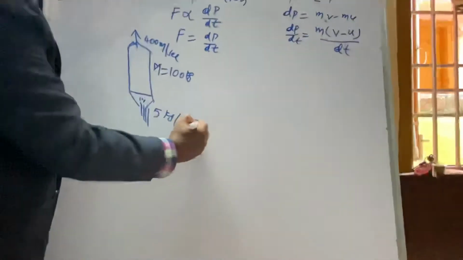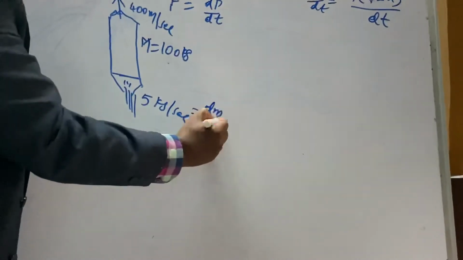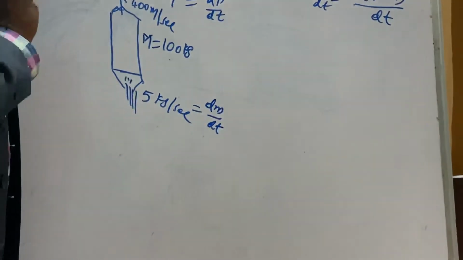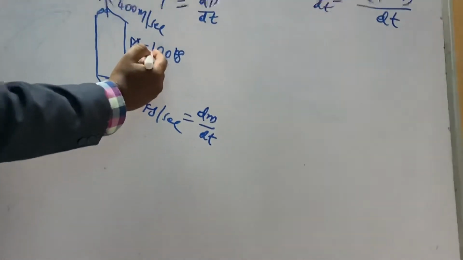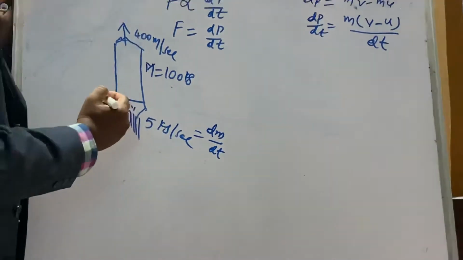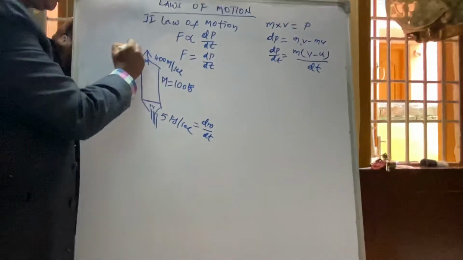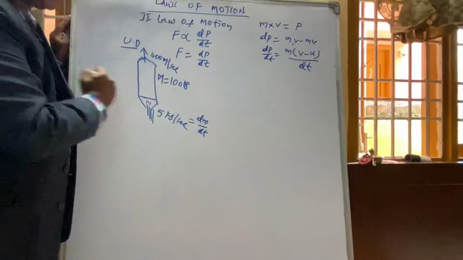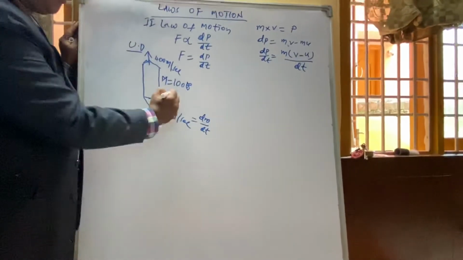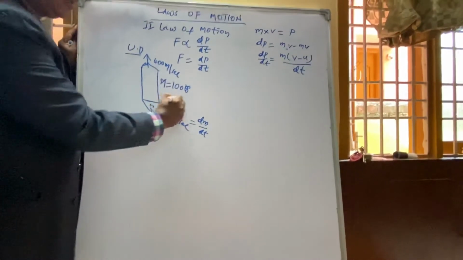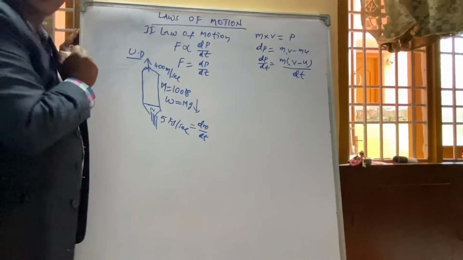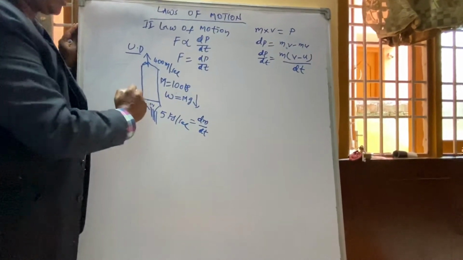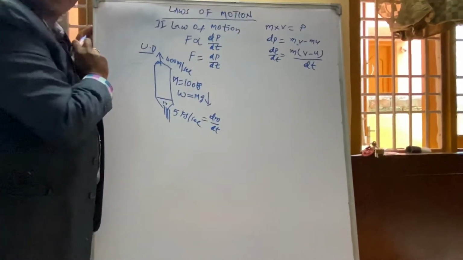The ejecting gases give a variable mass, dm by dt. The motion of the rocket is in the upward direction, and the weight of the rocket, W equals mg, acts in the downward direction. We want to calculate the acceleration of the rocket.